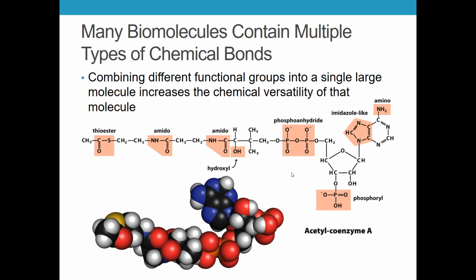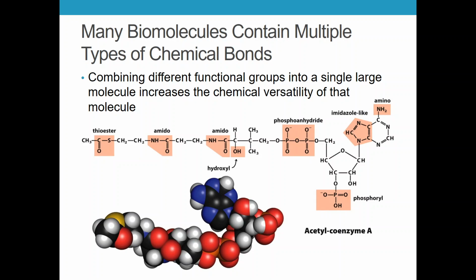This portion that I am circling with my cursor is actually very similar to a nucleotide. It looks like ATP or something similar. Again, trying not to go into too much depth. So we can break down this complex molecule into smaller portions which still have multiple functional groups present.